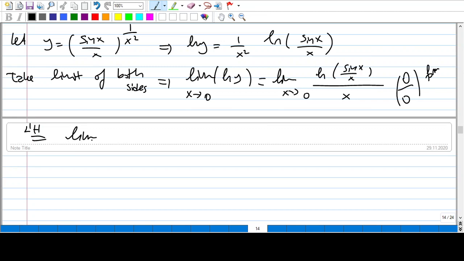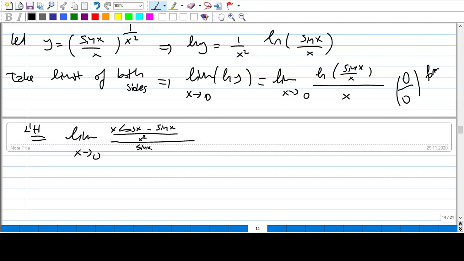Directly, I do the calculation. Limit as x goes to 0, ln of sine x over x. Take the derivative of the inside function, sine x over x, so the derivative of the first one, cosine x times x, minus the derivative of x, which is 1, times sine x, over x squared, and over itself, sine x over x.